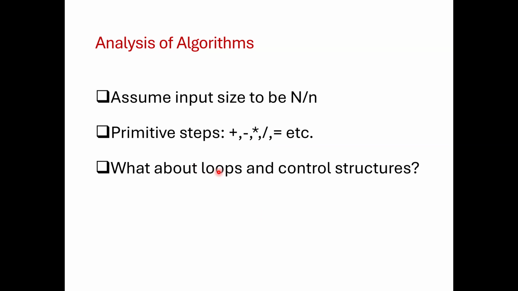A loop. We need to be cognizant of the control structures, and we need to understand when we, for instance, have a loop or an if-else statement, and know how to count those operations as well.